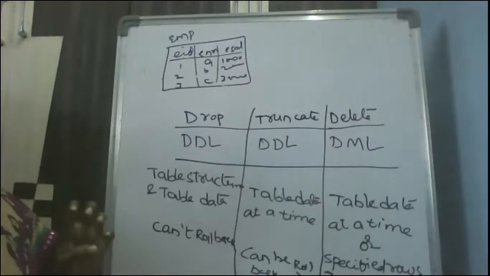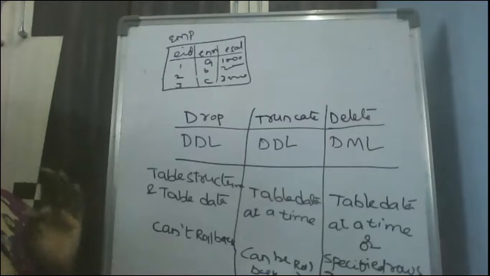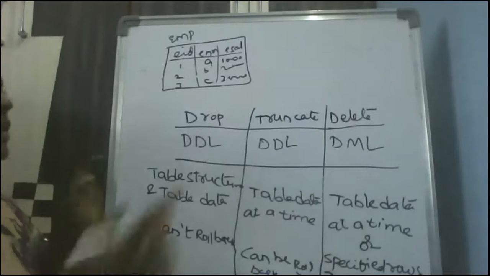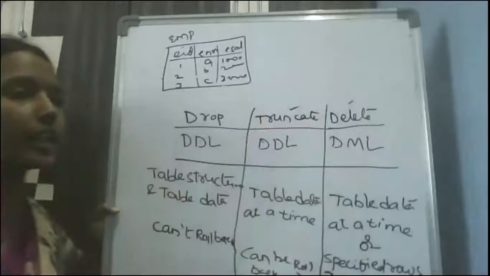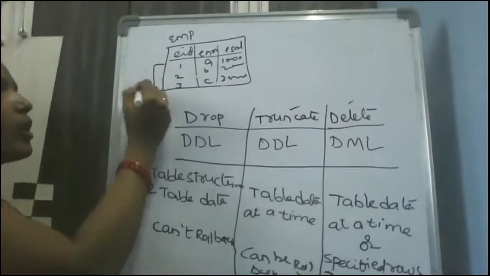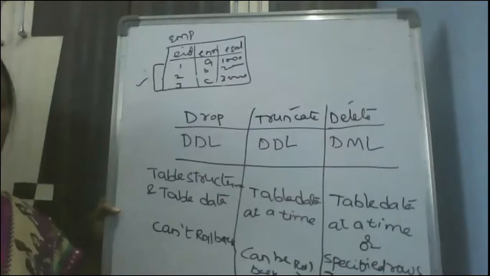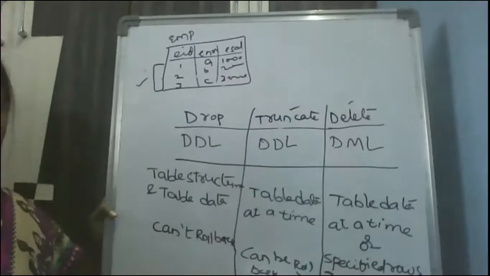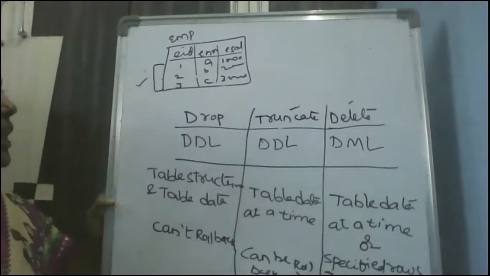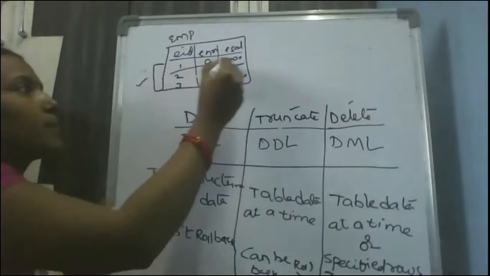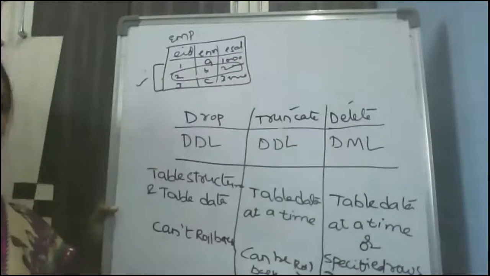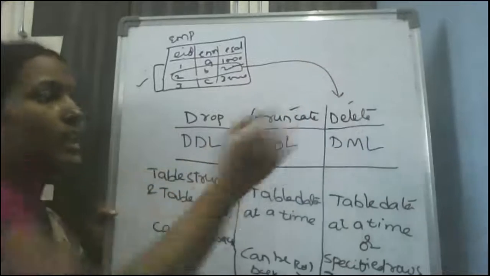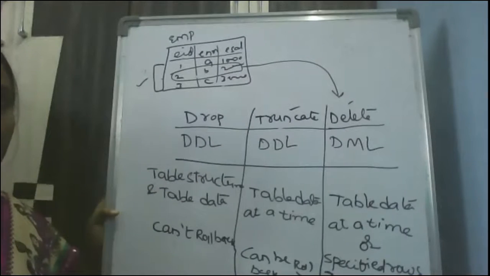Now I want to delete all the rows of the table. Which will be useful to us? Truncate or delete. If I want to delete all these rows at a time, you can go for truncate and you can go for delete also. Clear? Now, if I want to delete only this particular record, we can go with the delete command.